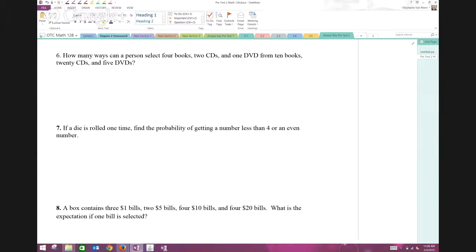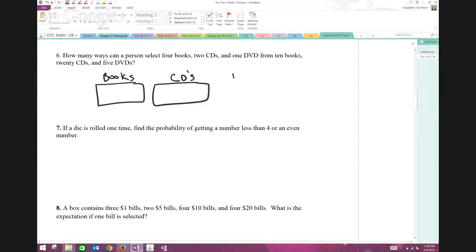So if I take the categories books, CDs, and DVDs, I have 10 books to choose from, and I'm picking 4 of them. I have 20 CDs, and I want to know how many ways I can pick 2 of those. And DVDs, I have 5 DVDs, and I want to know how many ways I can pick 1 of those.